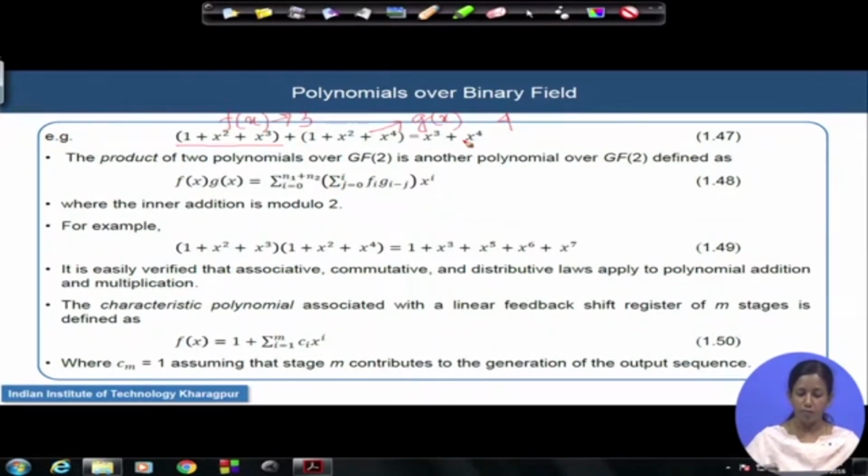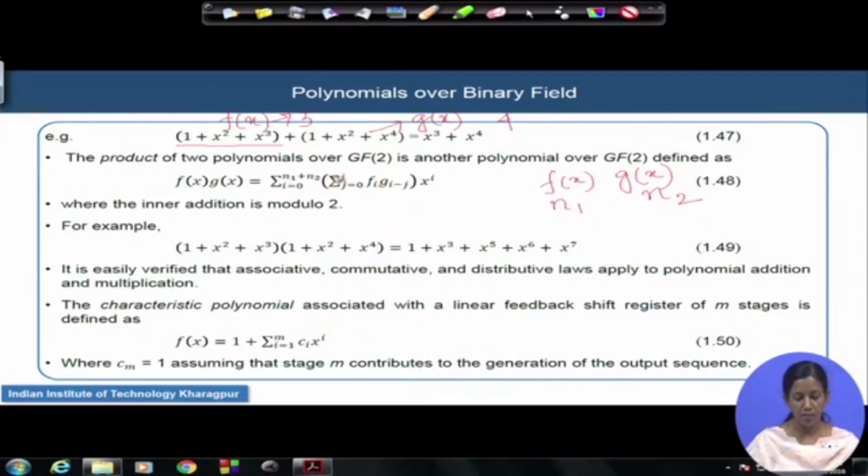For the product, we will start again with the same two polynomials f(x) and g(x), both belonging to the Galois field 2, one having the polynomial degree n1, another having the degree n2. If we multiply these two polynomials, the multiplication will be governed by the equation written in 1.48.